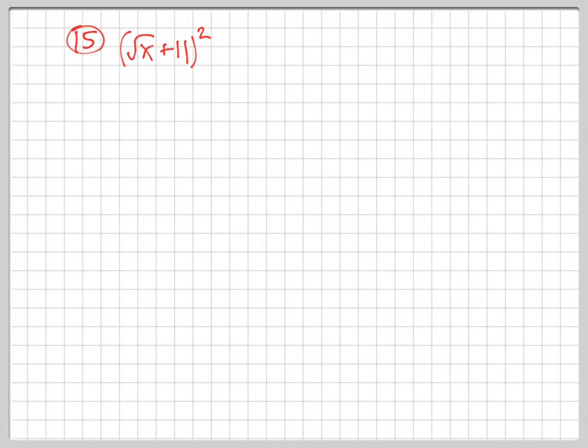I want you to simplify that. What does it mean when we have a 2 on something? 2 of them, yeah, right? 2 parentheses, and then you're going to do first to both, second to both, right? Like that.